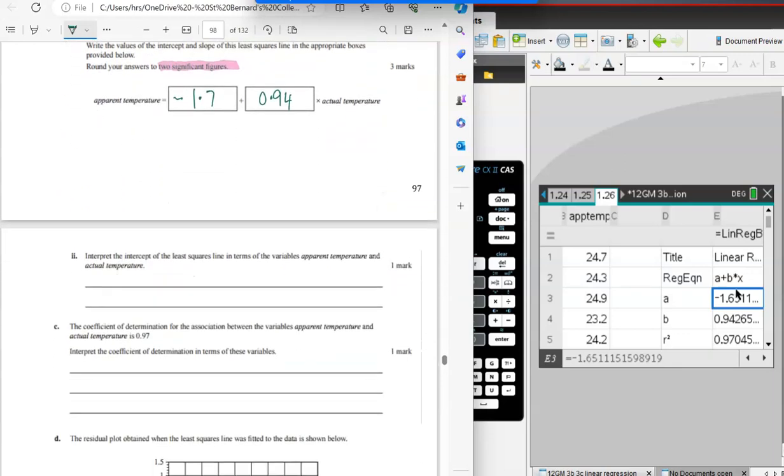Now, it says to interpret the intercept of this equation.